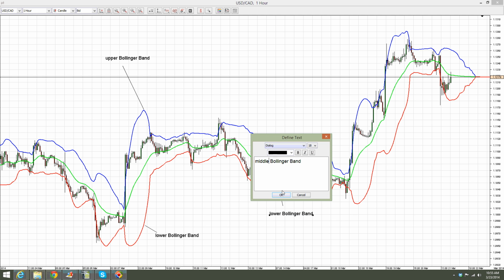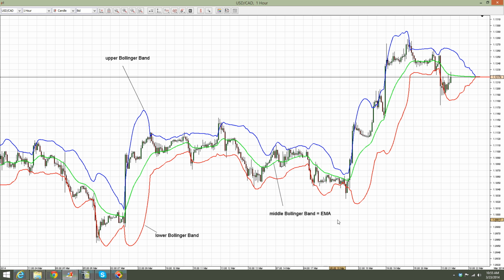So middle Bollinger Band or the EMA. Again, this is the most important trend line, the most important line of them all, and price is traveling within these boundaries all the time. Upper Bollinger Band, lower Bollinger Band.